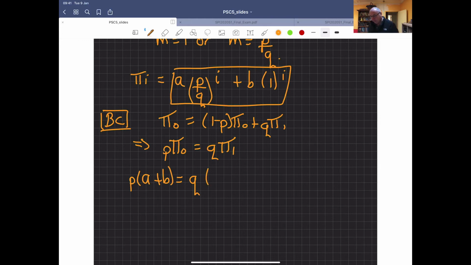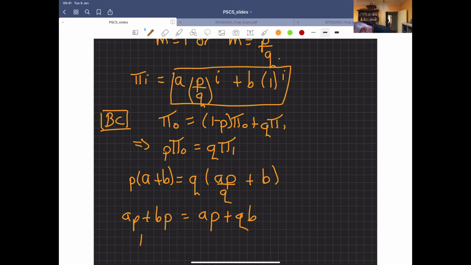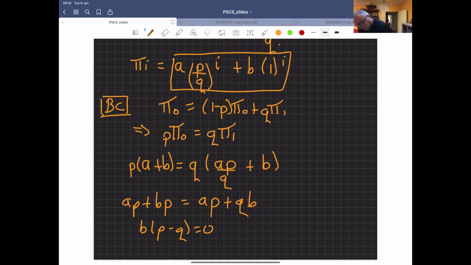To get pi 1, we do the same thing again but substitute I equals 1, so we've got A P over Q plus B. If you simplify that, we should get AP plus BP equals AP plus QB, which gives us B(P minus Q) equals 0. Now we're going to assume that P is different to Q. So our solution is that B equals 0.